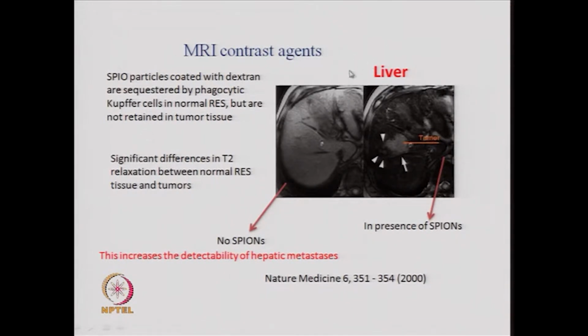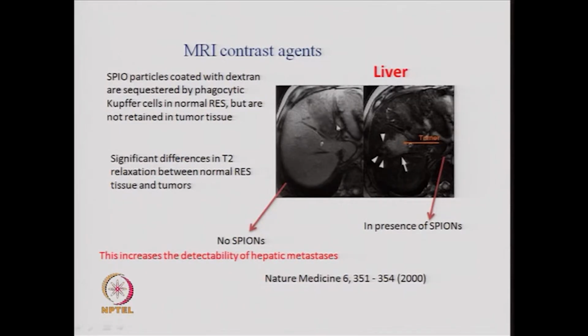In the liver, we want to target these particles to go there because you want to image the liver. In this case the contrast is weak, there are no particles, but when you give the particles, the contrast is enhanced, and this is the tumor here, in the presence of the nanoparticles.